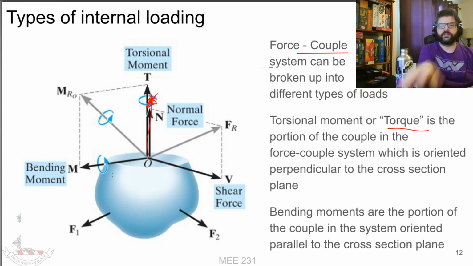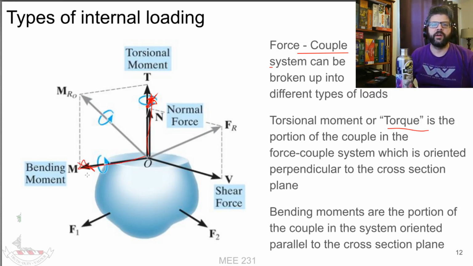Like the shear force, we often also break the bending moment up into portions that are about the y or the z axis as well.